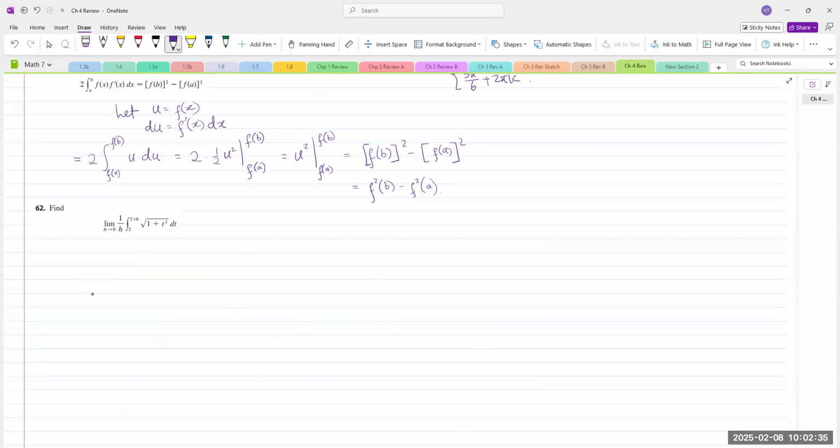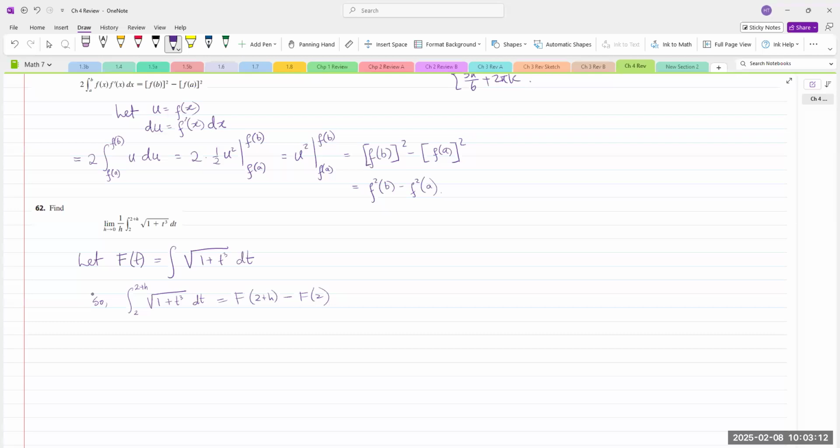So we say let F(t) be the indefinite integral of 1 plus the square root of 1 plus t cubed dt. Then the integral from 2 to 2 plus h of this is equal to F(2 plus h) minus F(2), right?